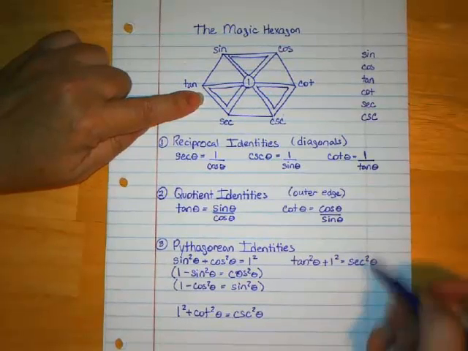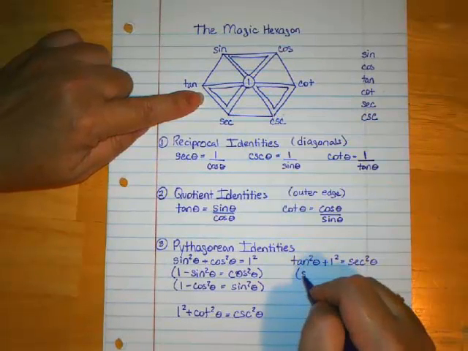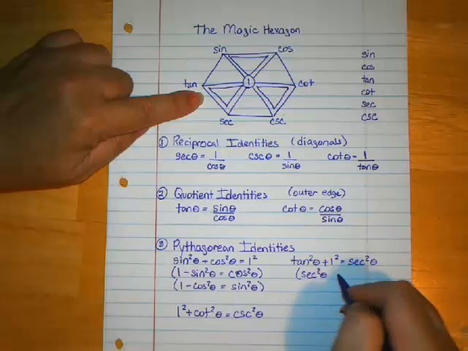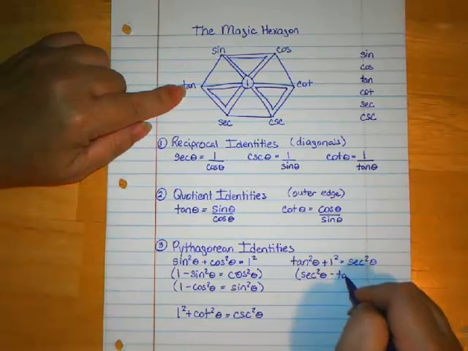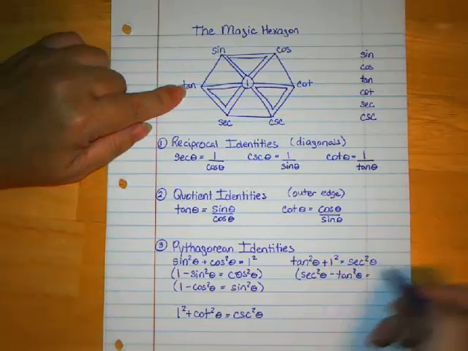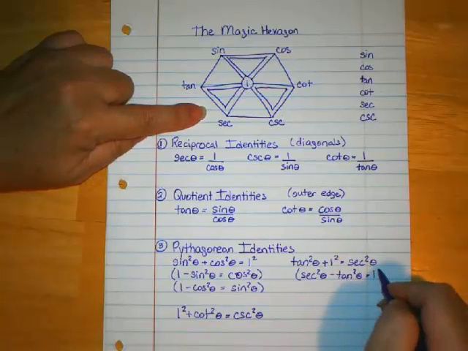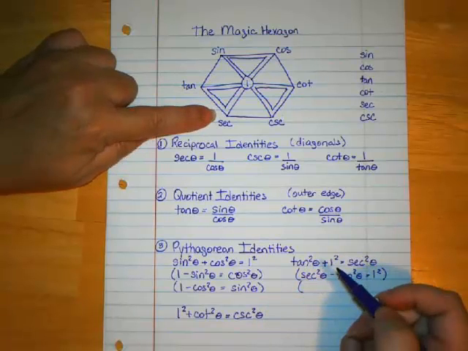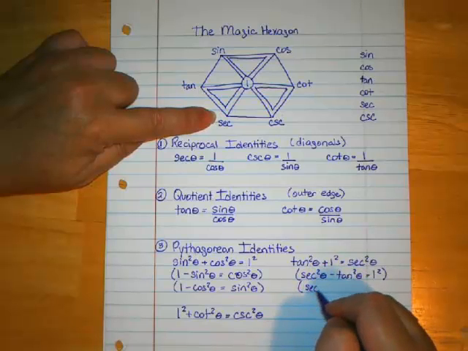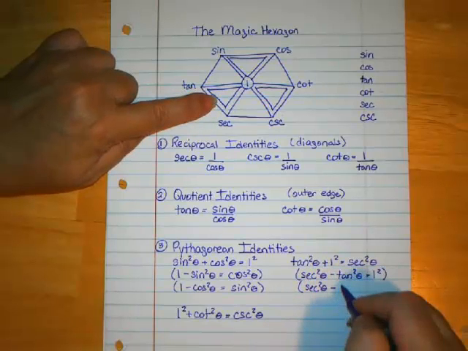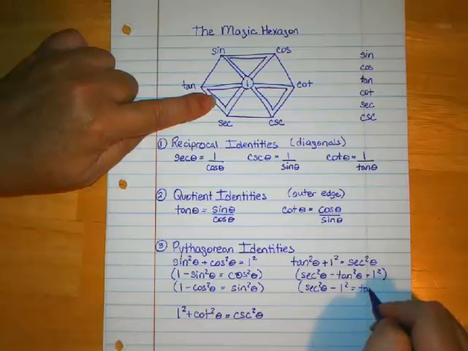Okay, let's take the second triangle, this one right here. We would start at the bottom. So that would be secant squared, let's go to the left, minus tangent squared equals the third corner, 1 squared. And then the other variation would be secant squared minus 1 squared equals tangent squared.